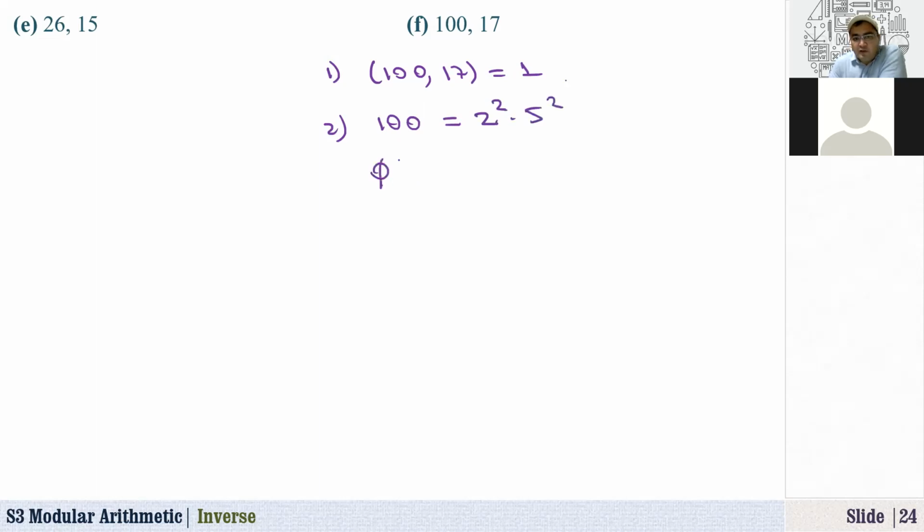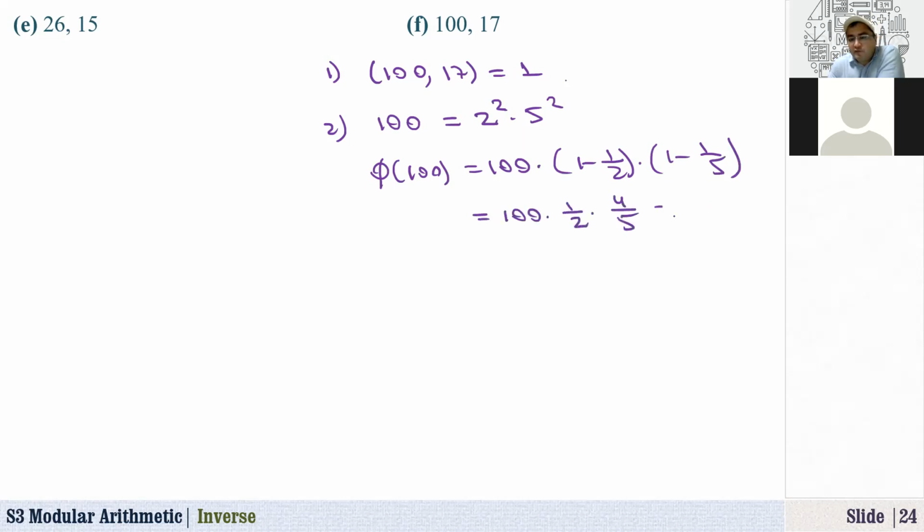So phi of 100 is equal to 100 times (1 minus 1 over 2) times (1 minus 1 over 5), which is equal to 100 times 1 over 2 times 4 over 5. That is 10 times 4, which is 40.